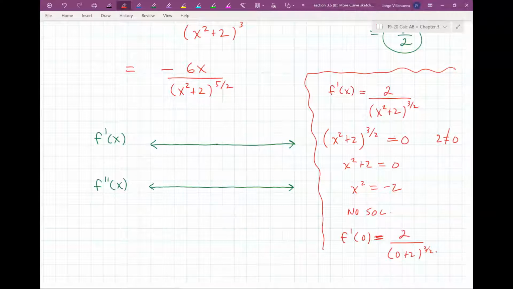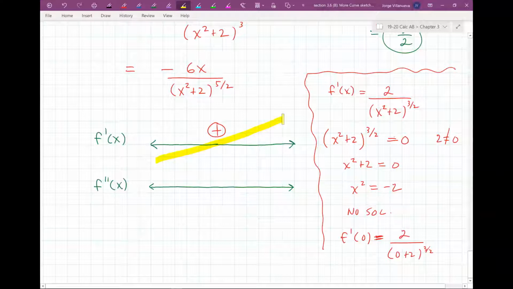On the bottom, 2 to the 3/2. Do you think that's going to be positive or negative? Positive. So it's positive over positive. That means this is always going to be an increasing function. It's going to increase throughout the whole interval. So if this happens to you where there are no critical numbers, then you have to just pick one, any one, and check it.